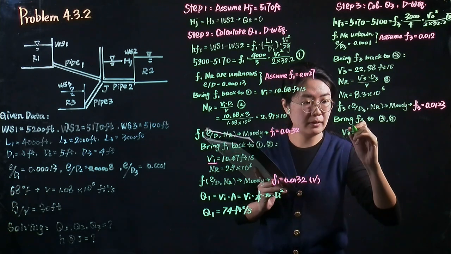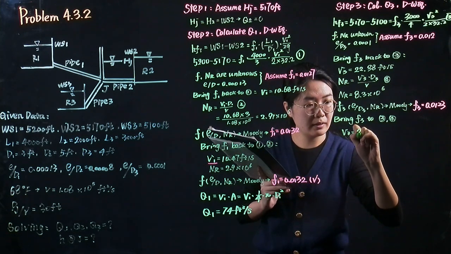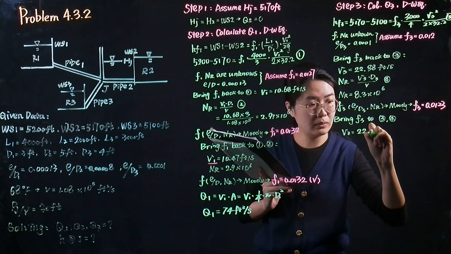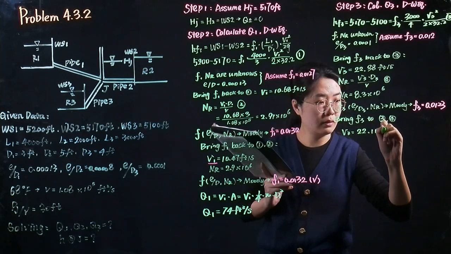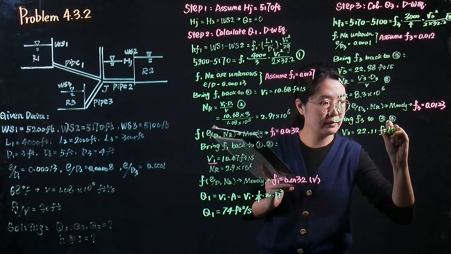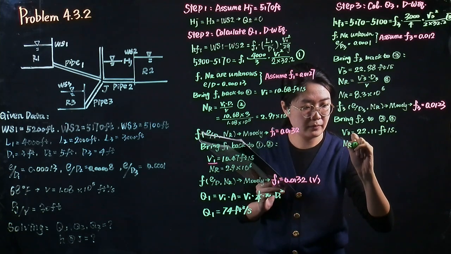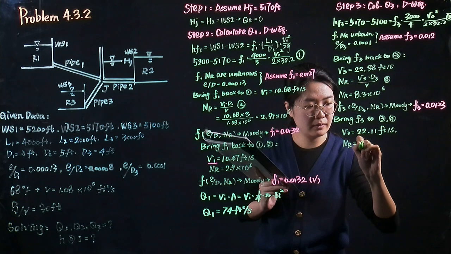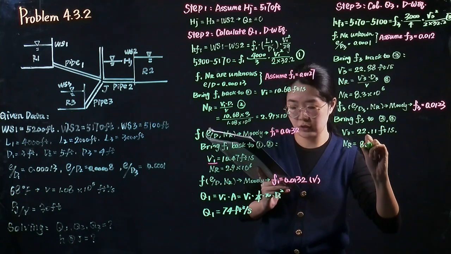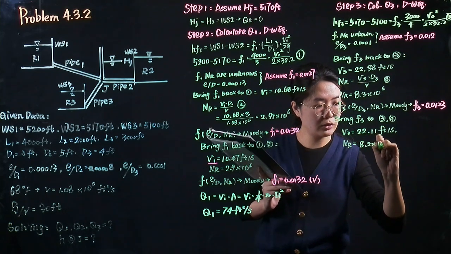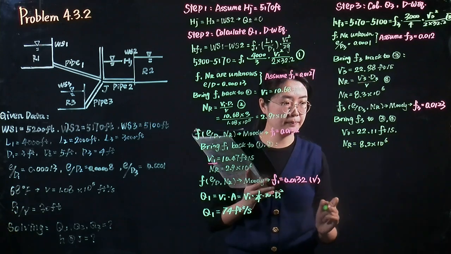We can get the new velocity, which equals 22 feet per second. And the Reynolds number equals 8.2 times 10 to the power of 6.